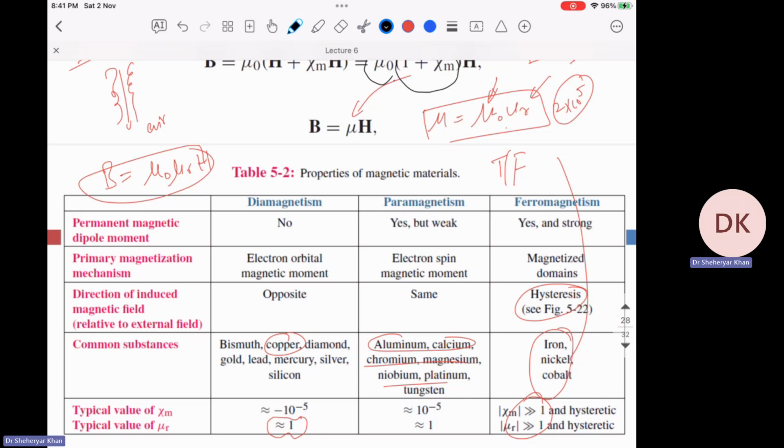So sensitivity is something that comes from the internal structure of the spin of the electron. Some have a very good spin, such as magnetite, iron, nickel, cobalt. If you use them, they have a strong magnetized remanence. That means if you place them in the magnetic field, they respond because the electrons are spinning.